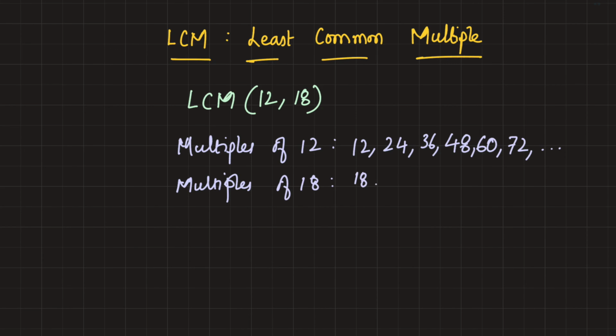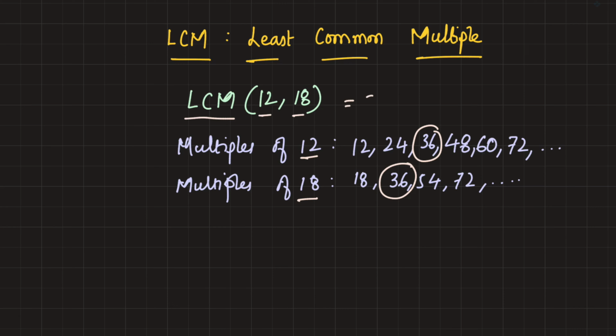They would be 18, 36, 54, 72, and so on. Now we can clearly see that the common multiple between multiples of 12 and multiples of 18 would be 36. This would be the smallest common multiple. So in this case, LCM of 12 and 18 would be 36.